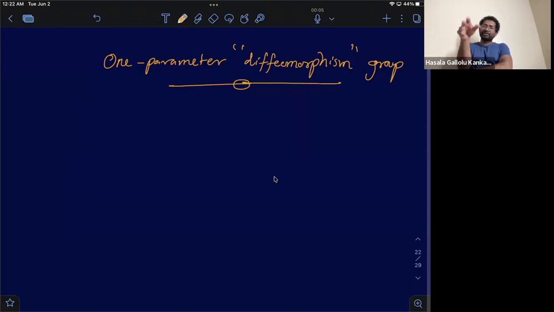So when it comes to the story of diffeomorphisms, what we are trying to do is pretty much generalize that story, but now we are trying to have differentiation behind this. We need to have smoothness. Diffeomorphisms have many different uses.